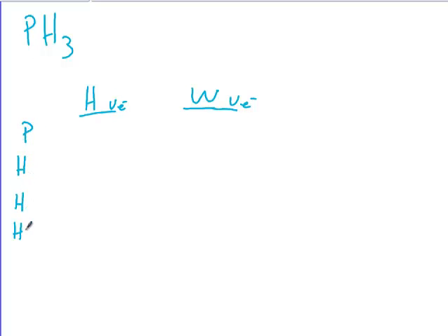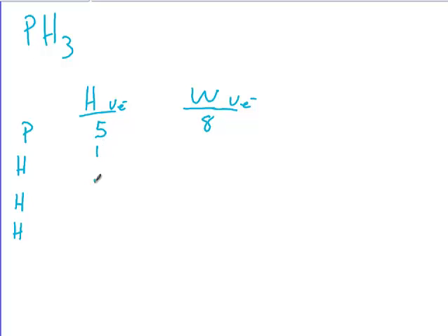Next one we're going to do our have and our want. Again, this is valence electrons. So for phosphorus, it's in group 15. It has 5 valence electrons. It wants 8.